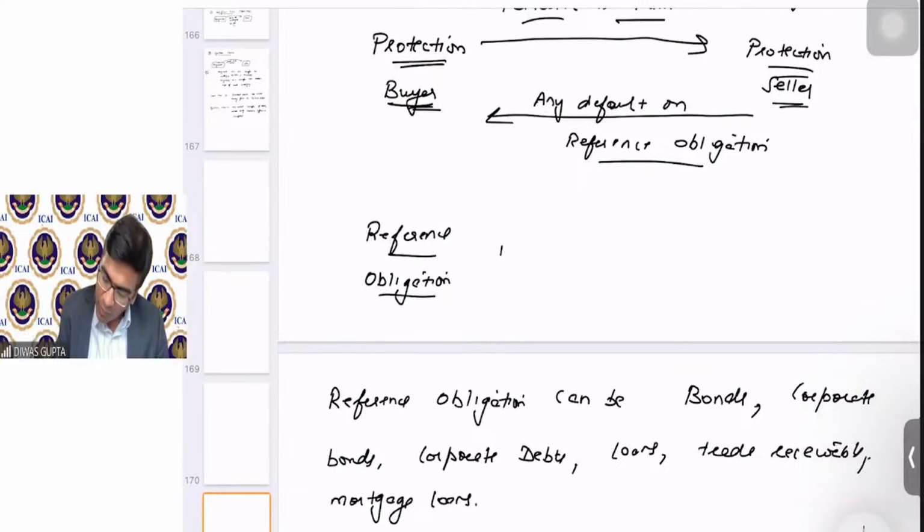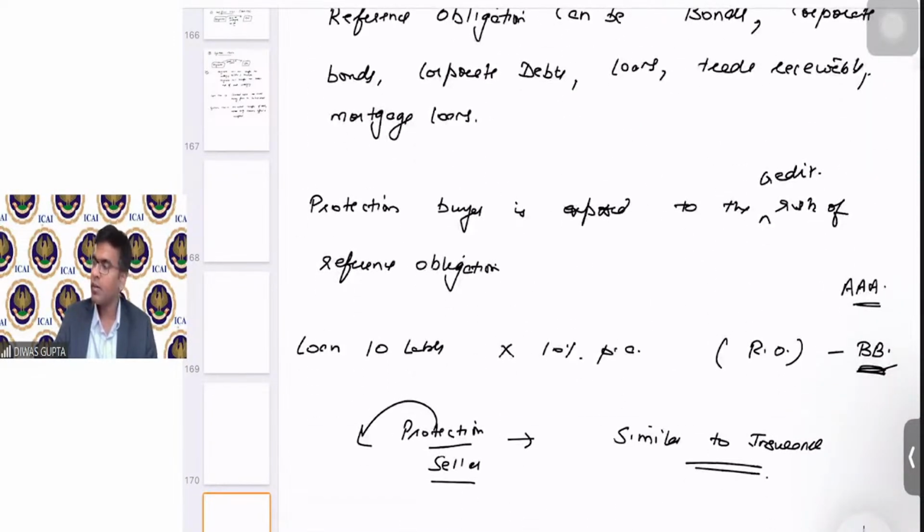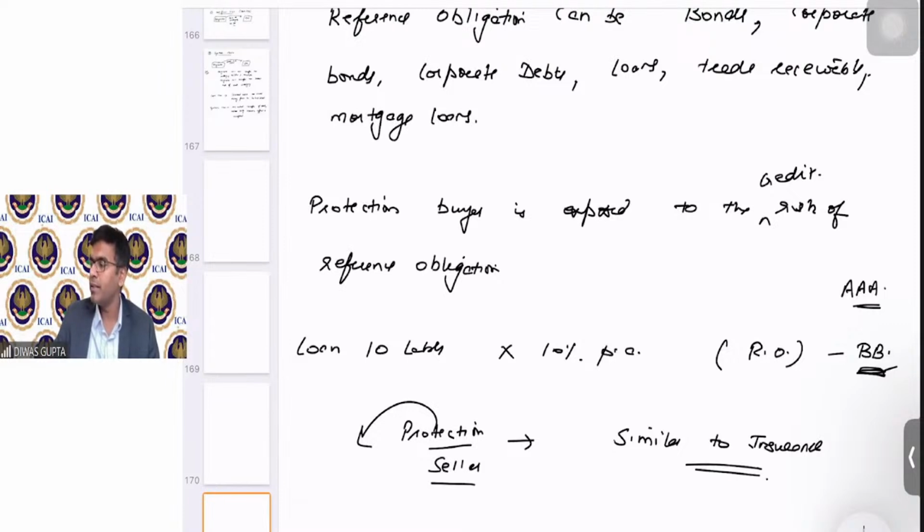The people who borrow through the reference obligation are called initial borrowers. Buyer is this one and seller is this one. I hope this is clear.